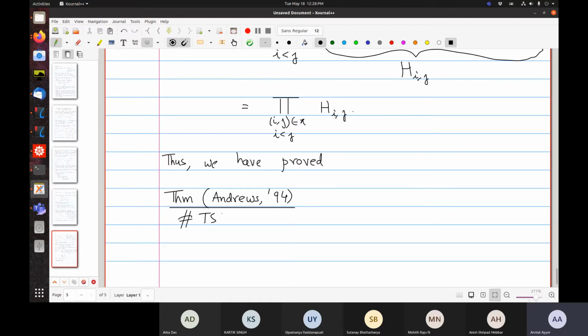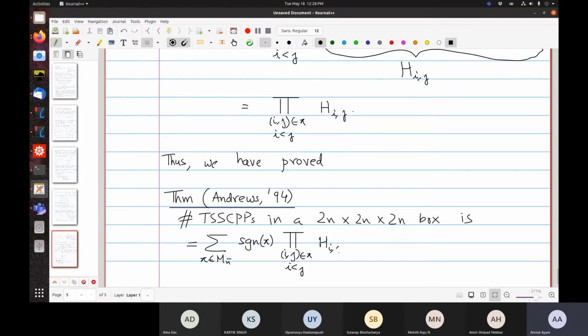The number of TSSCPPs in a 2n by 2n by 2n box is equal to the sum over pi in Mn bar of sign of pi times the product over ij in pi, I less than j, of hij, which is equal to the Pfaffian of hij.